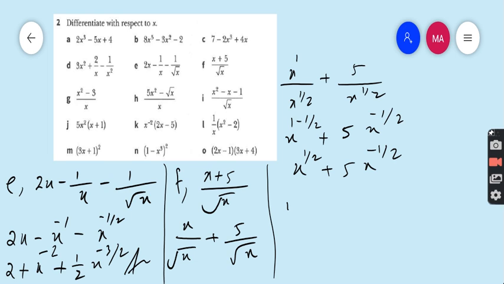Now find the derivative. Power 1 upon 2 minus 1 is minus 1 upon 2. 5 into minus 1 upon 2 is minus 5 upon 2, and minus 1 upon 2 minus 1 is minus 3 upon 2. The final answer of part F is 1 upon 2 x to the power minus 1 upon 2 minus 5 upon 2 x to the power minus 3 upon 2. Move to part G.